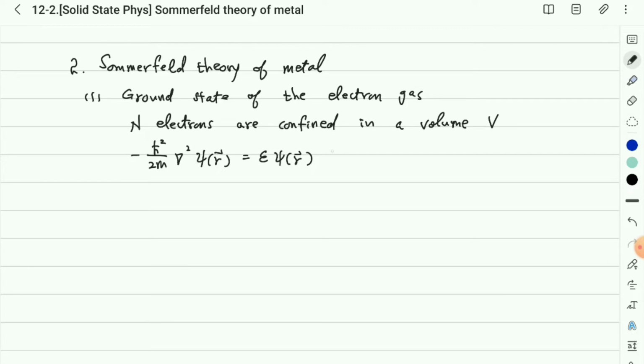It is a single electron. It is the Schrödinger equation of a single particle free electron.